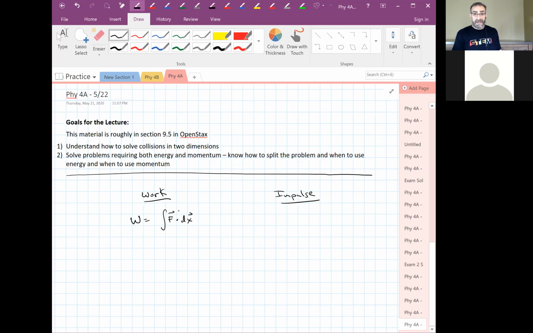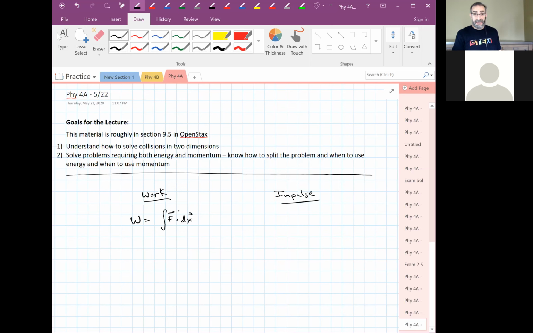The area under that curve is equal to the work done. And work is linked to change in kinetic energy.